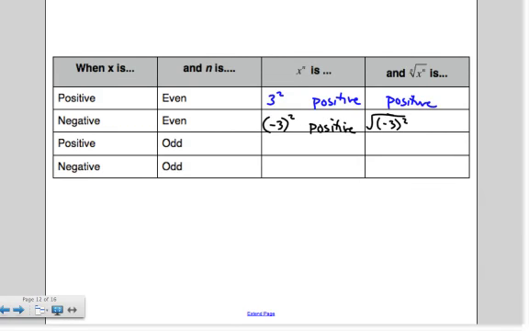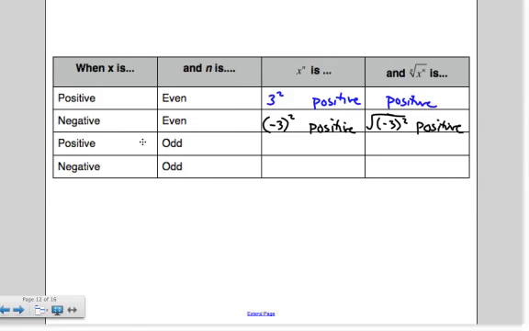Well, when I square negative 3, it becomes positive, so now my square root is positive. Okay, now this gets a little iffy. Notice I'm asking for the positive root, I'm not asking for the plus or minus. So in this situation, yes, it would be positive. Later on, we're going to get into some issues with this. Okay?